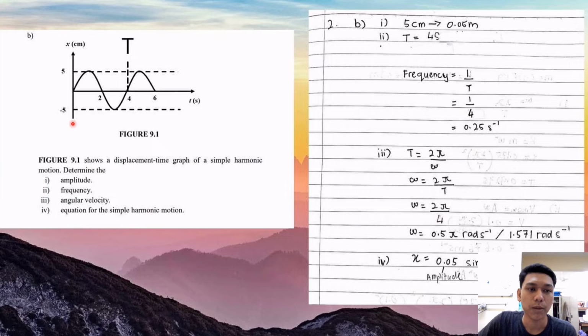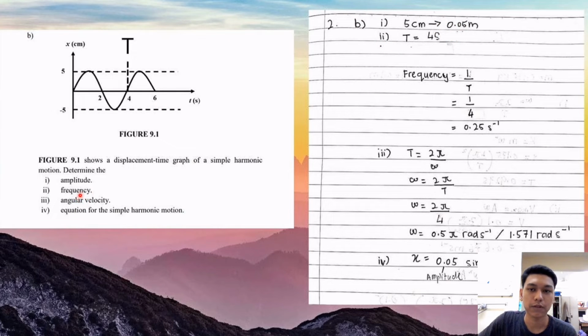So as we know, amplitude is the maximum displacement and also minimum displacement. So the amplitude is within the crest or the trough. So the amplitude is 5 centimeter, and we convert it to meter, equal to 0.05 meter.